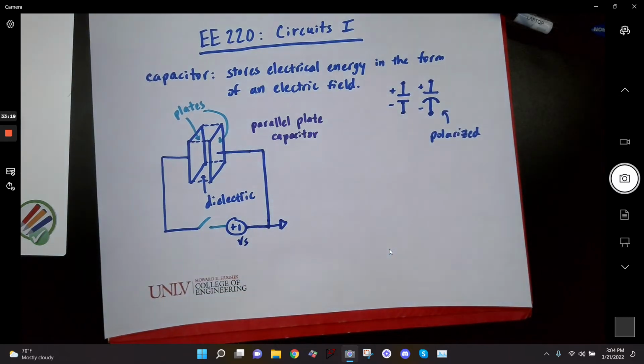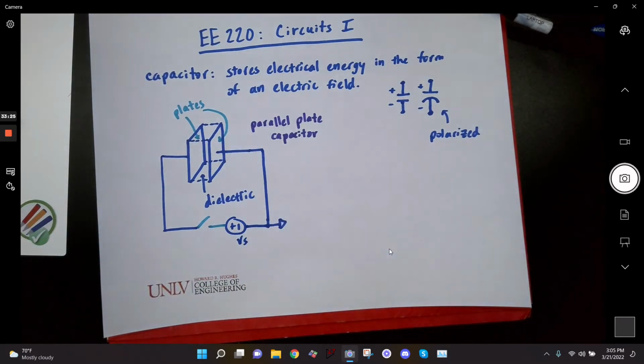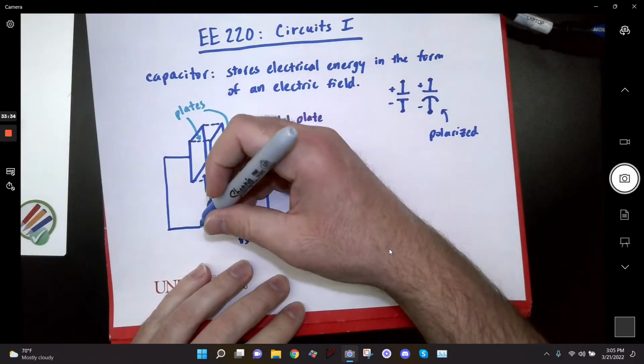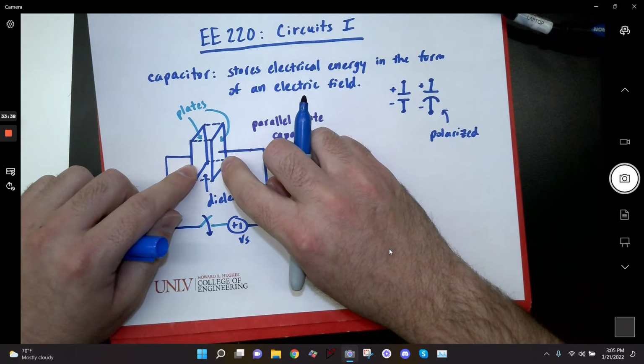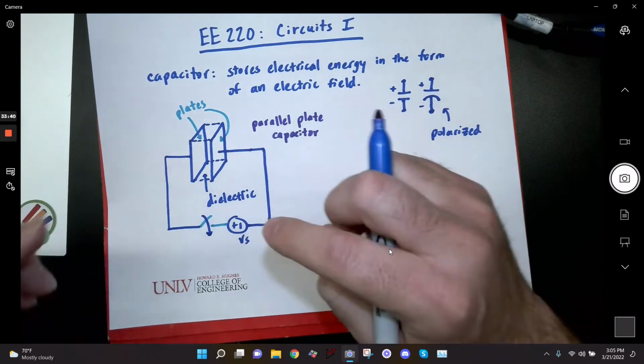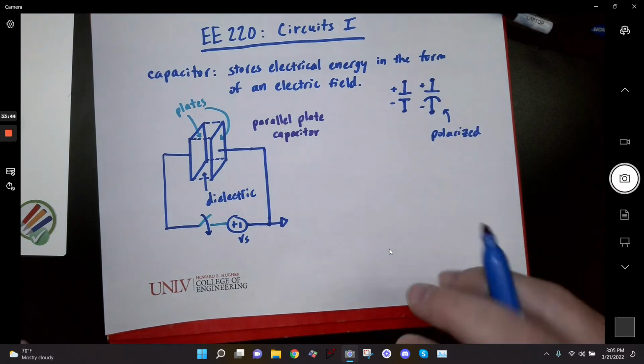What happens when I close the switch? In steady state, before the switch is closed, nothing happens. The capacitor is not charged. It's also known as discharged. It will have no voltage across it. And when I close this switch, the capacitor is going to match the electric potential of the battery by charging up to that same voltage.